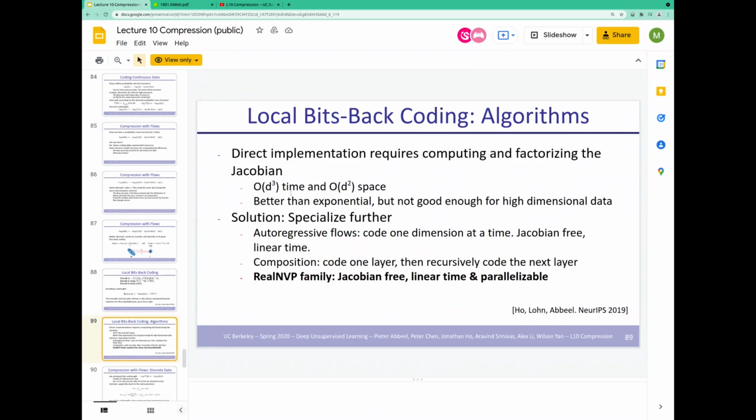If it's high dimensional, like images, it doesn't make sense. The other solution is to do each layer at a time, so you don't have to worry about the Jacobian. They wrote a paper on this, which I didn't read, so this is a little bit fuzzy on how it works.